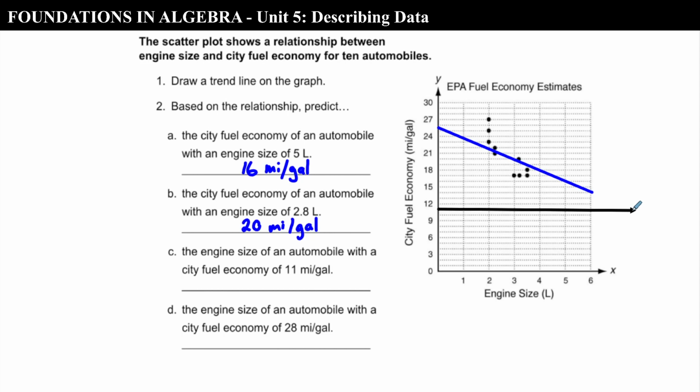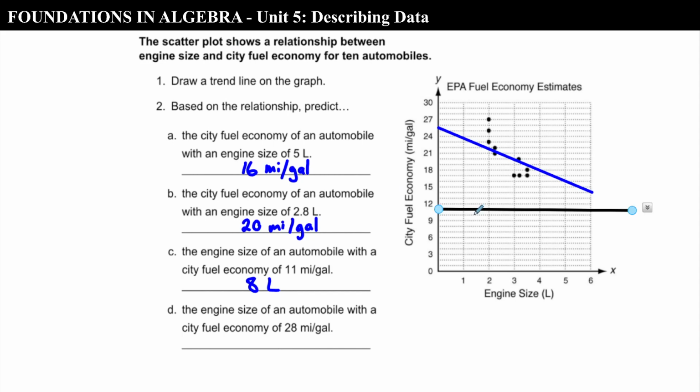If this were to continue going on down, it would cross about here, and that would be roughly maybe 8 liters. So we're making a little bit of an estimate here, but that's okay. We're just getting ballpark values.